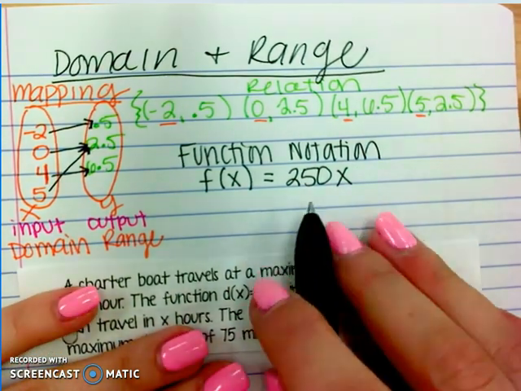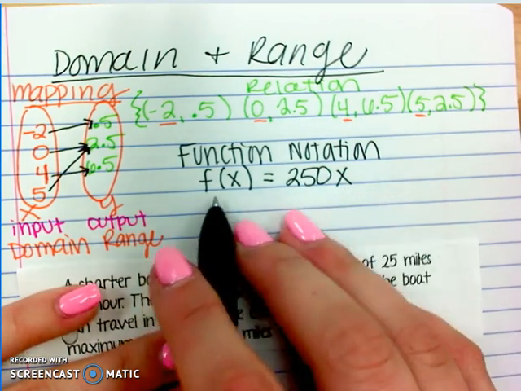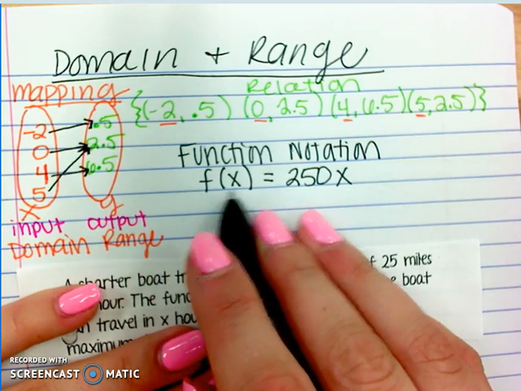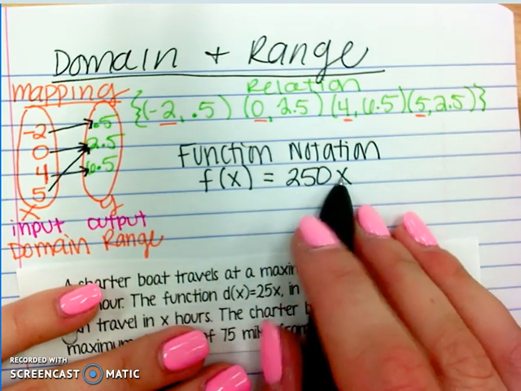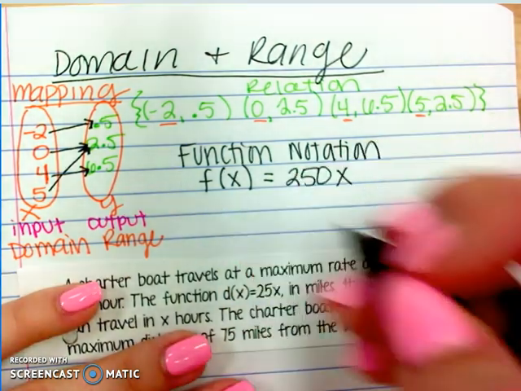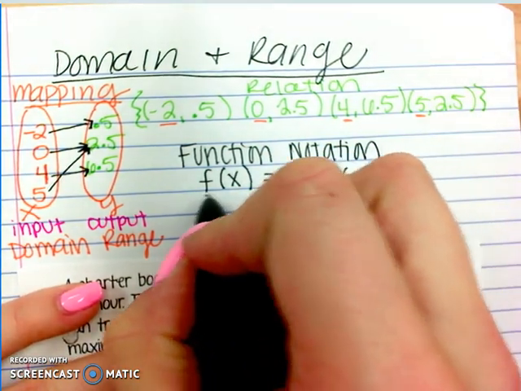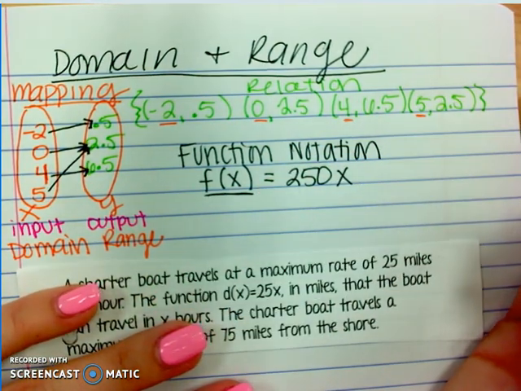While we still have a rate of change times my x value, this is read as f of x equals 250x. f of x is the same thing as the y in slope-intercept form, but we're going to leave it as f of x, function notation.